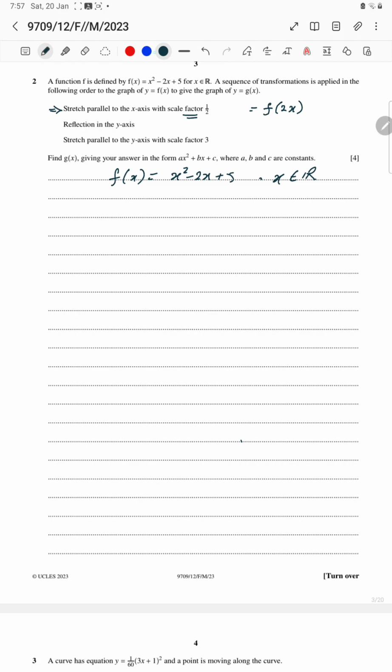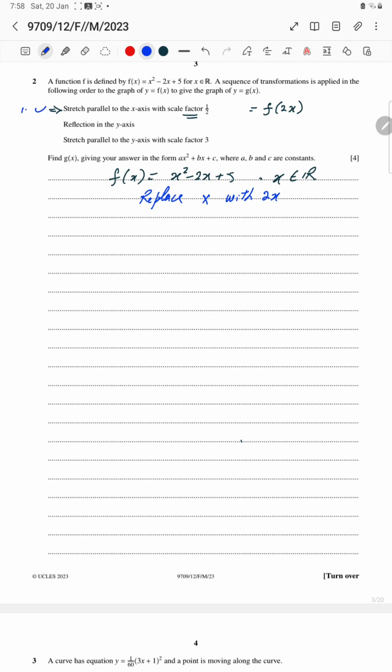As per the property of stretch, if the scale factor is 2, then we have to divide, it means 1 by 2 times x. And if it is a fraction, you will multiply. We always move for the opposite order. So replace x with 2x for the first case.